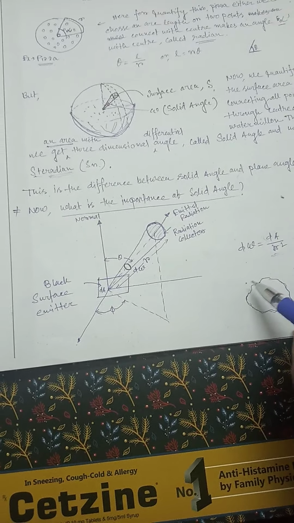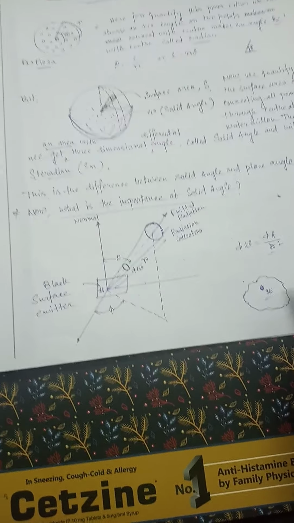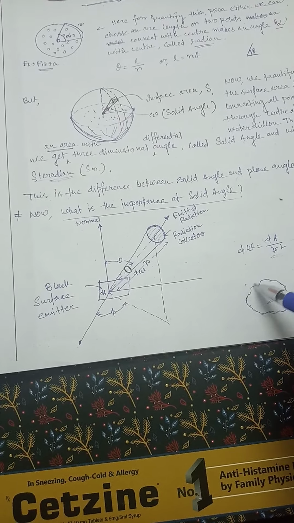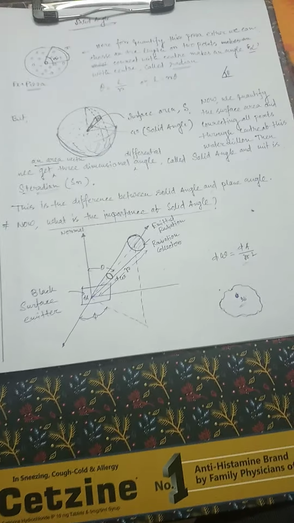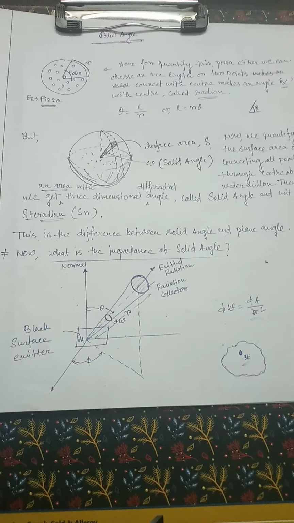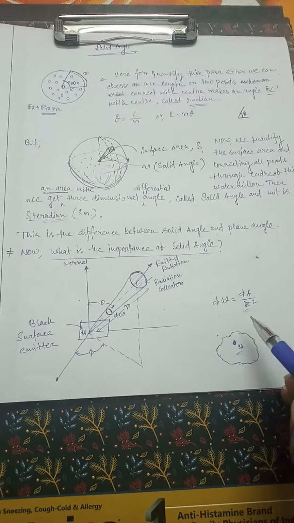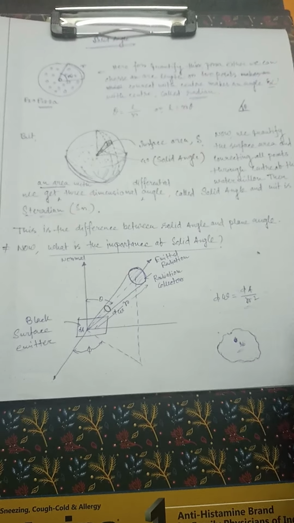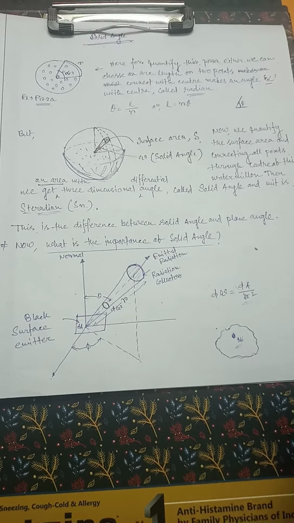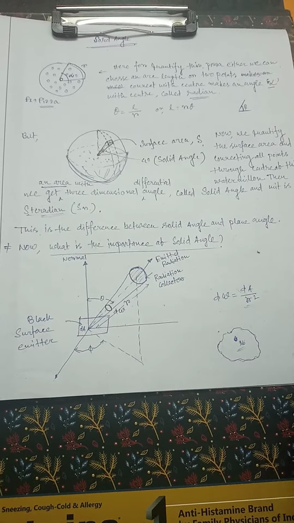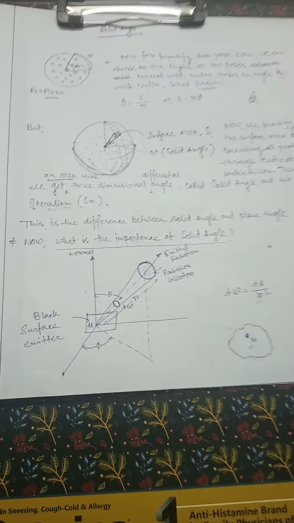So the angle for an outside position is 0, and for an inside position with respect to this arc it is 2 pi or 360 degrees. Similarly for a sphere, the angle inside the sphere will be 4 pi, because it is 4 pi r square divided by r square. The r square cancels, so it will be 4 pi.